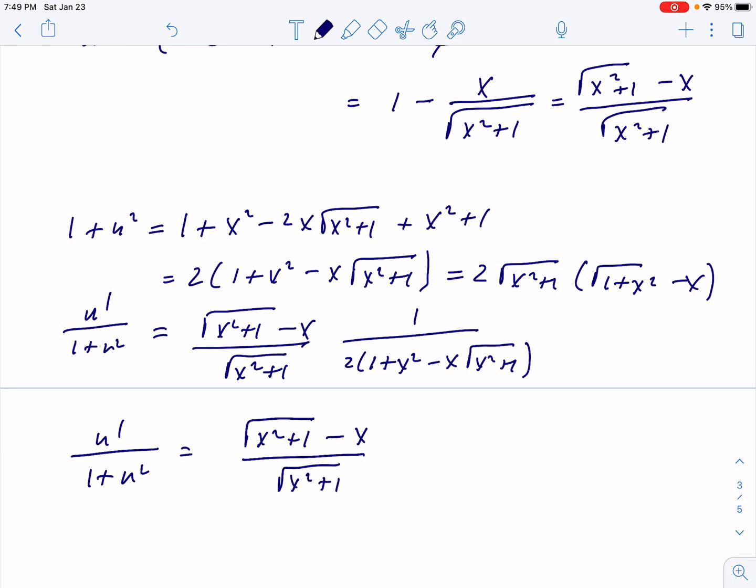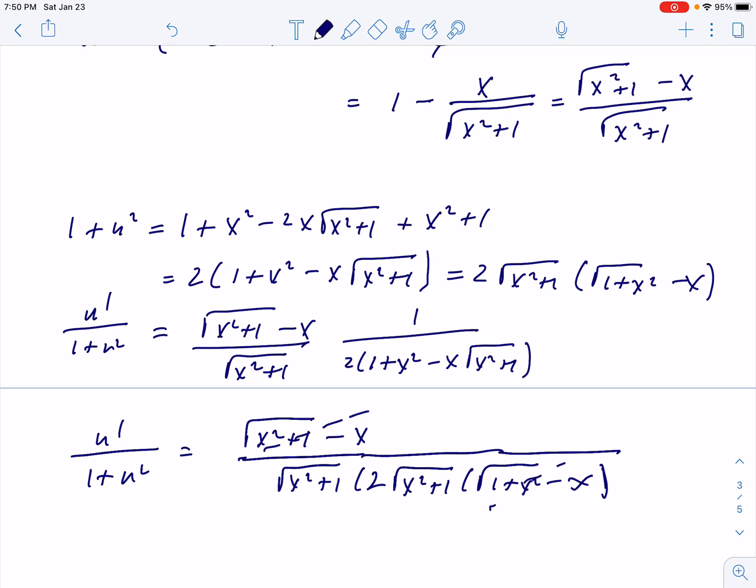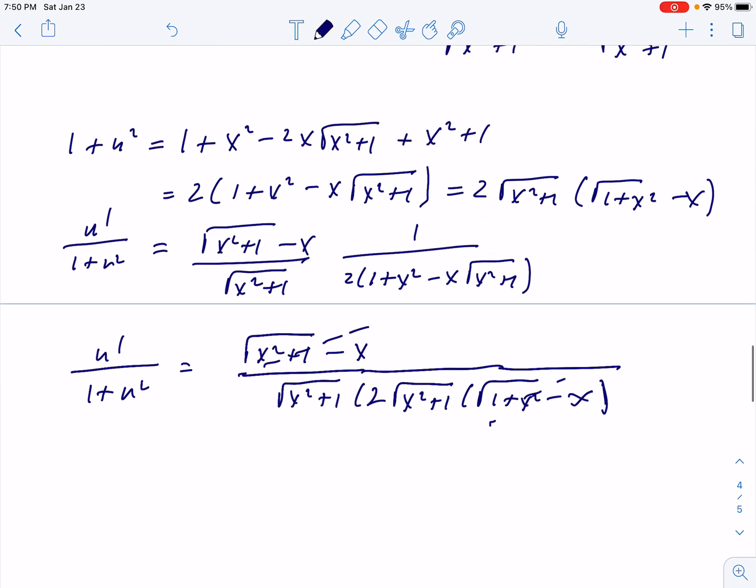And here below we multiply by 2 root x squared plus 1 and multiplied also by root 1 plus x squared minus x. These are factors. And you can see how this factor and this factor will reduce.